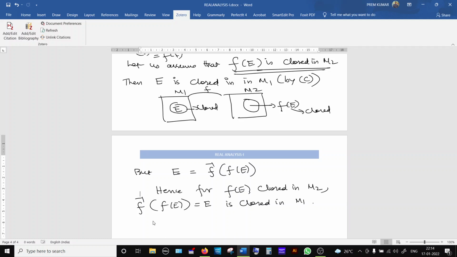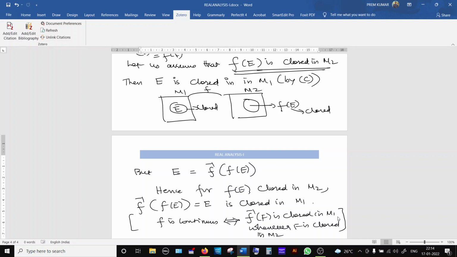Before this theorem we proved one big theorem. What is that? Same as for open sets, f is continuous if and only if the inverse image of f is closed in M2 whenever f is closed in M2.